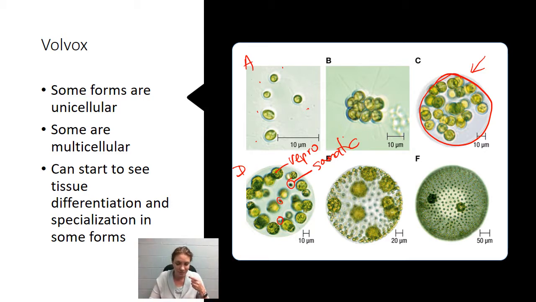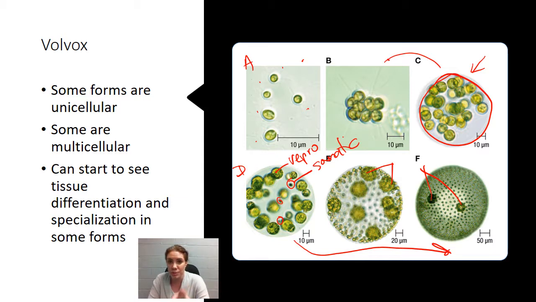That's kind of neat. And then if we look at E and F, we see even greater differentiation. So again, the larger cells are the reproductive cells. So what we're seeing are differing ratios between single cells, multicellular but basically no differentiation, to early and even late differentiation with lots of body cells and fewer reproductive cells.